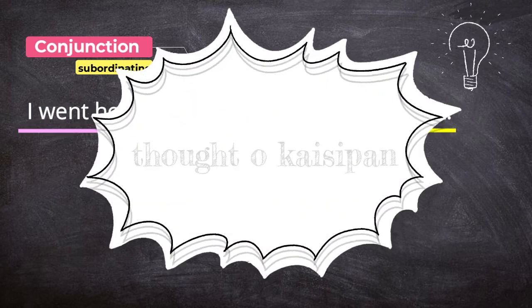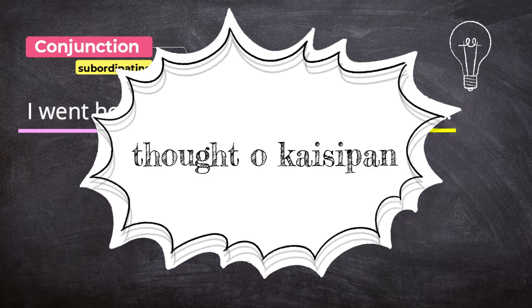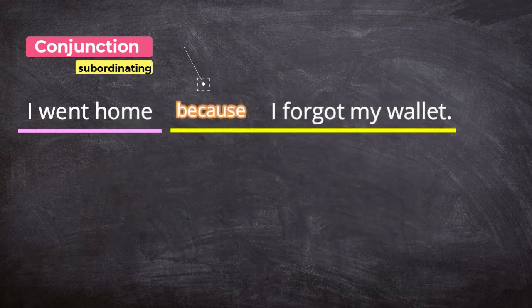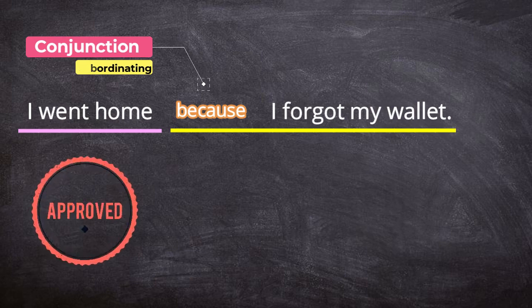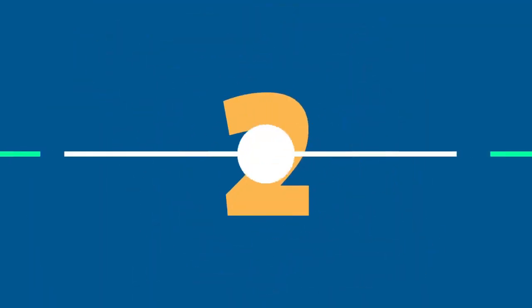Remember that the independent clause should have a complete thought or kaisipan na tinatawag in Filipino. Alright? Huwag kalilimutan. So, ang isang clause ay independent kapag siya ay may expression or complete thought. Alright, so let's proceed with another example.